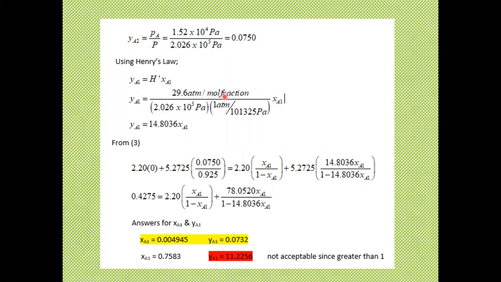If you divide it by the total pressure of the system, that should give you the H prime, which gives you the relationship of XA1 to YA1. We need to convert the unit of Pascal here to atm because our Henry's law constant is in terms of atmospheric pressure. So the only remaining variables in this equation are YA1 and XA1.